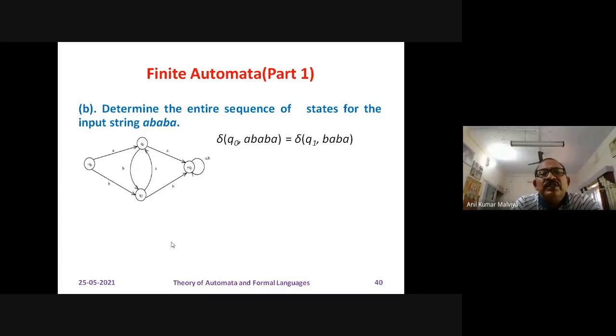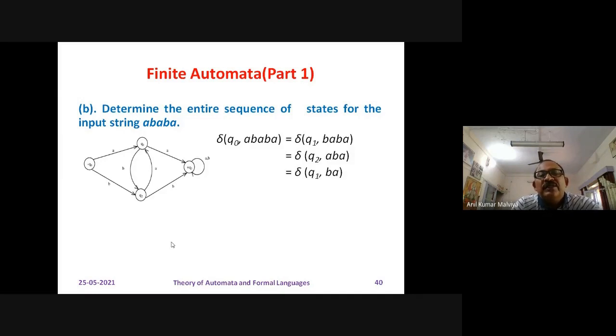Okay. Suppose machine in state Q0 and input is A. It will go to the state Q1. So delta Q0 A, B, A, B, A is equal to delta Q1 B, A, B, A. Now machine in state Q1, input is B. From the diagram you can see it goes to the state Q2. Okay. So machine in state Q2 and input is A. Where will it go?